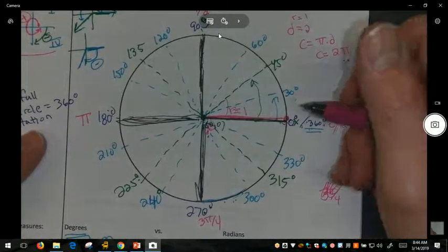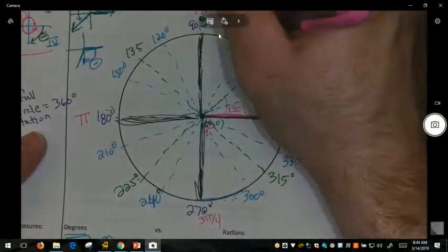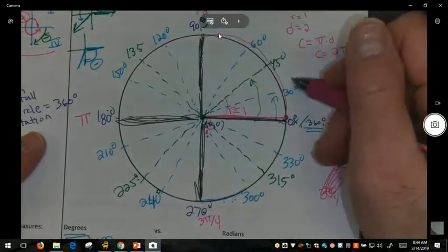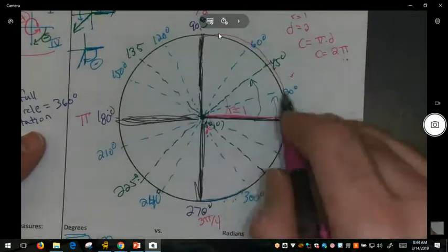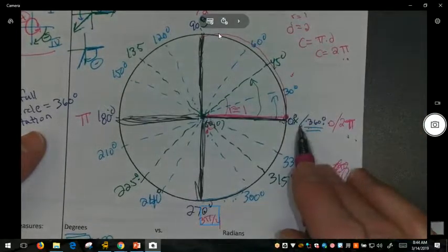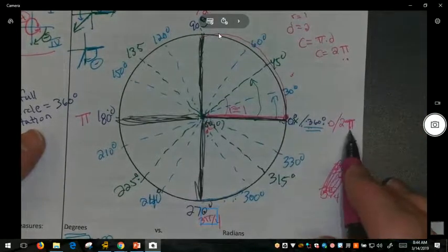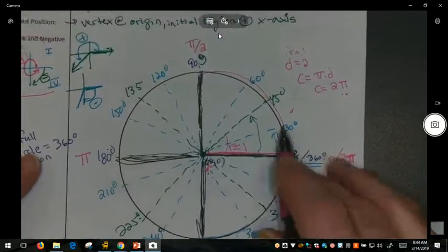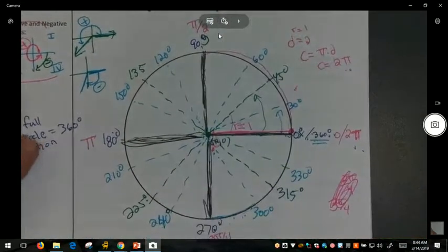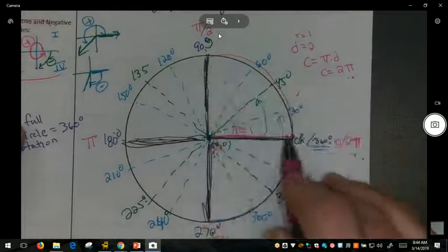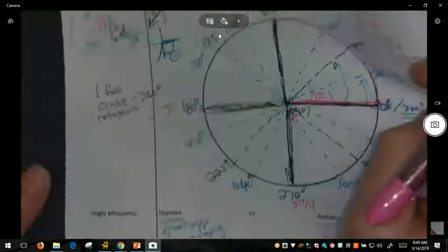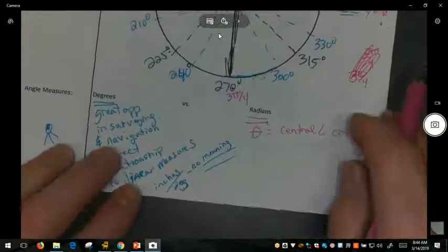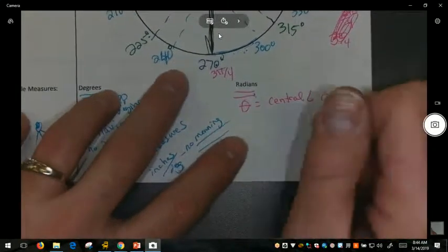Well, in radians, this arc length is the same exact measure as the angle, because this is a fraction of the full circle. If the full circle is 2 pi units, then this is pi over 2 units. It is a quarter of the circumference. And so the way we measure angles is with respect to a percentage of the circumference.